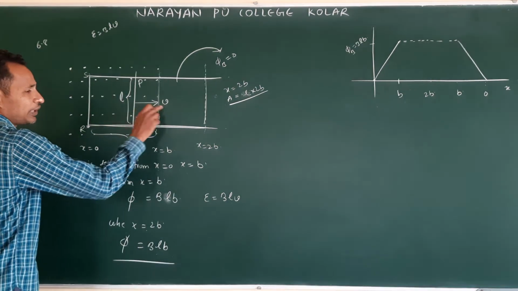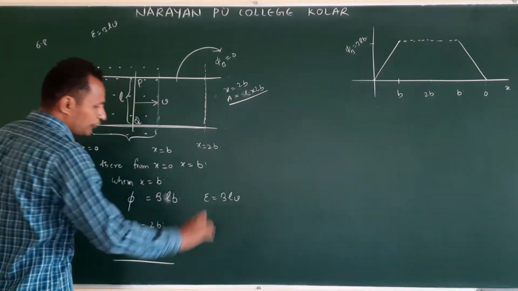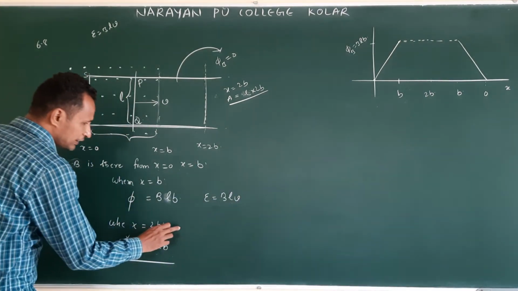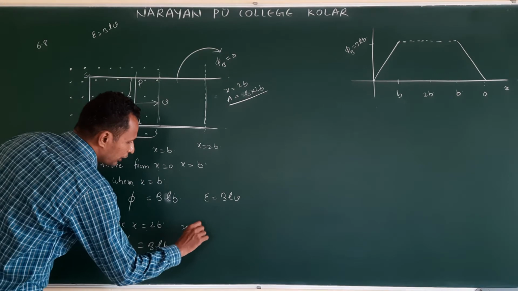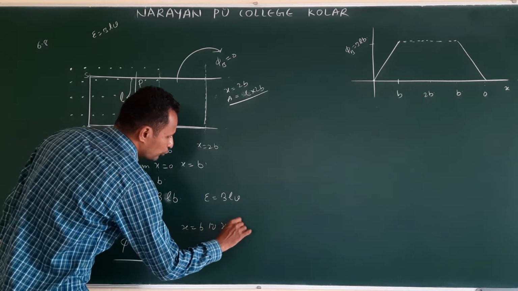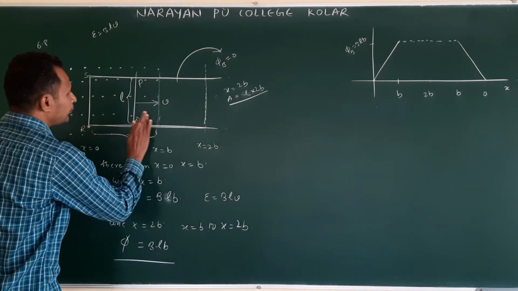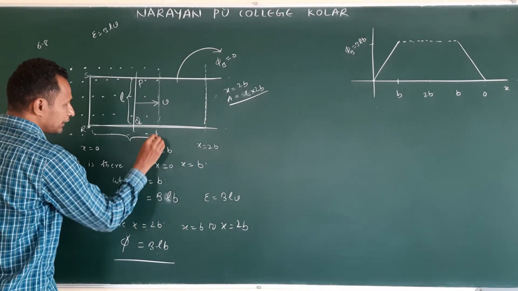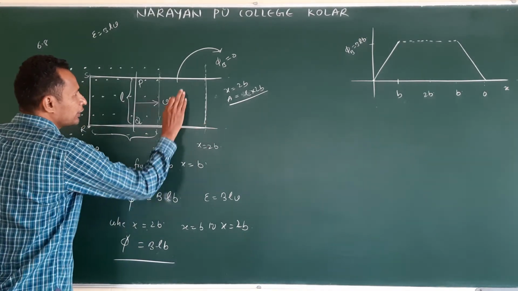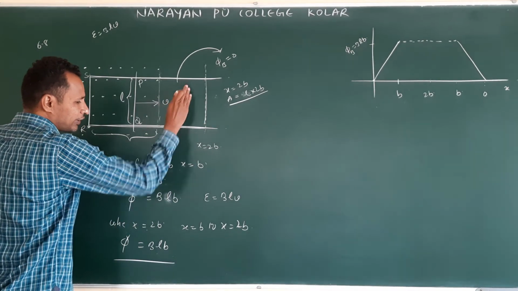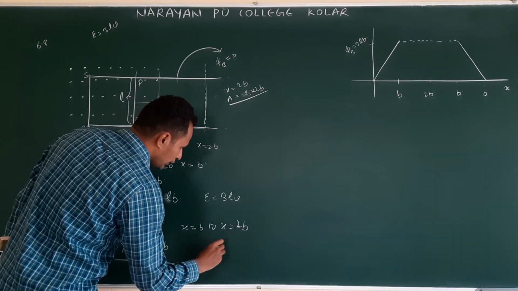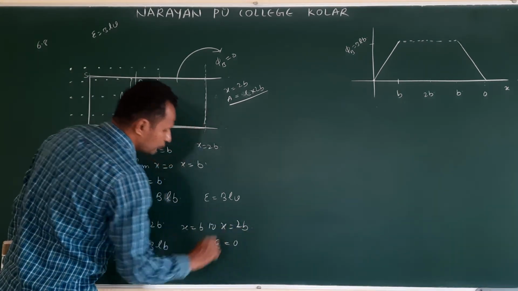Here velocity is constant. Now, when x is equal to b to x is equal to 2b, magnetic field was not there. Then induced EMF is 0. E is equal to 0.